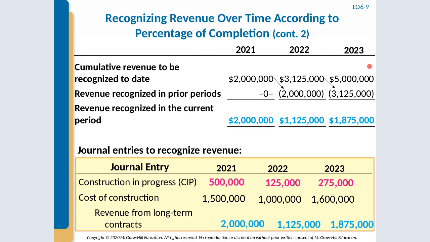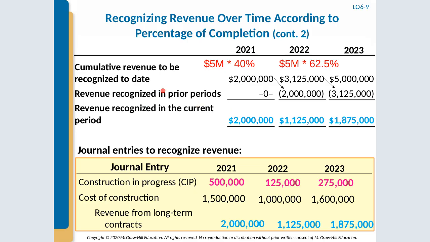Should I write it down here? We have 5 million multiplied by 40%. In 2022, we have 5 million multiplied by 62.5%. And then the third year is the 5 million multiplied by 100%, right? So that's how we came out with these figures.